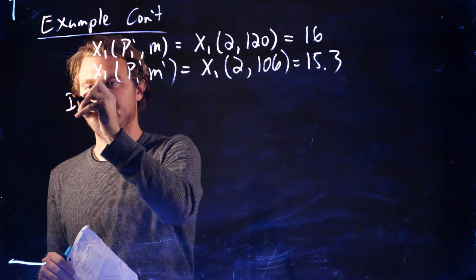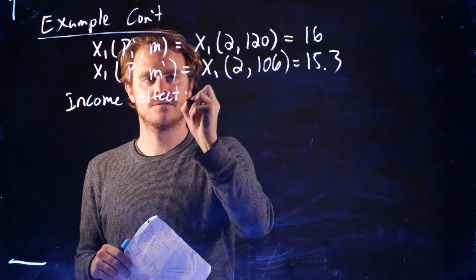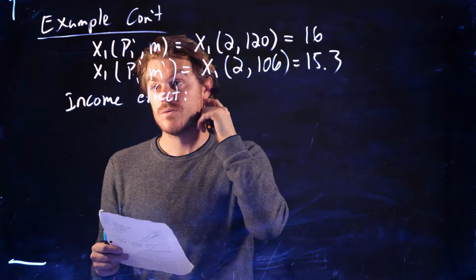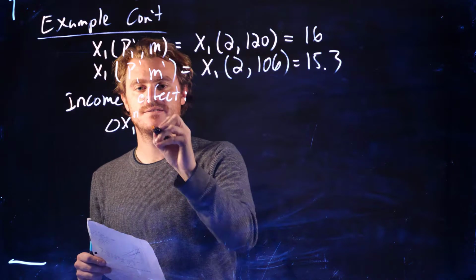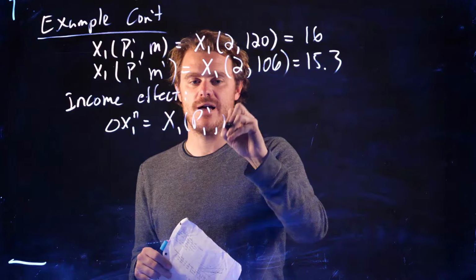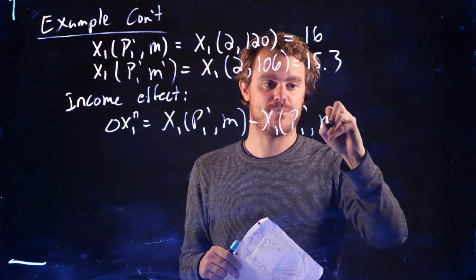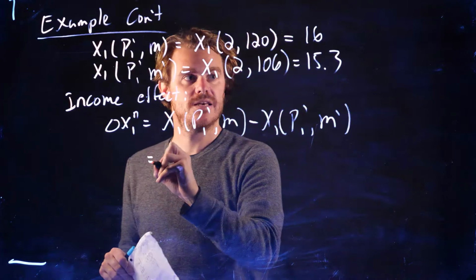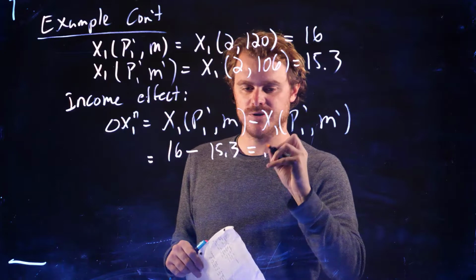And so the income effect, delta x1n, equals x1(p1', m) minus x1(p1', m') equals 16 minus 15.3 equals 0.7.